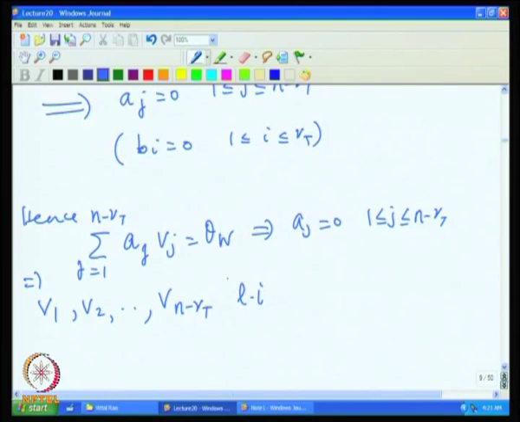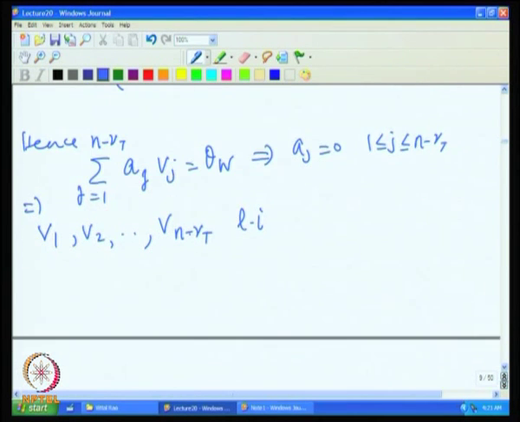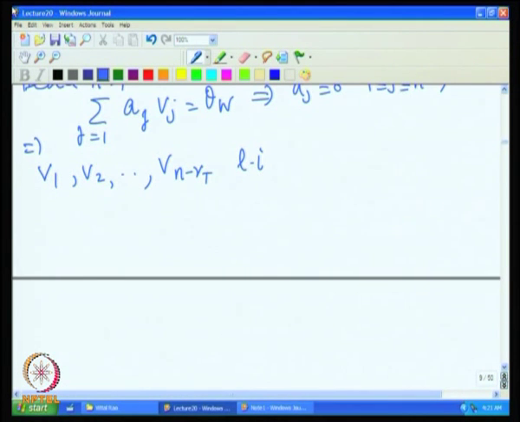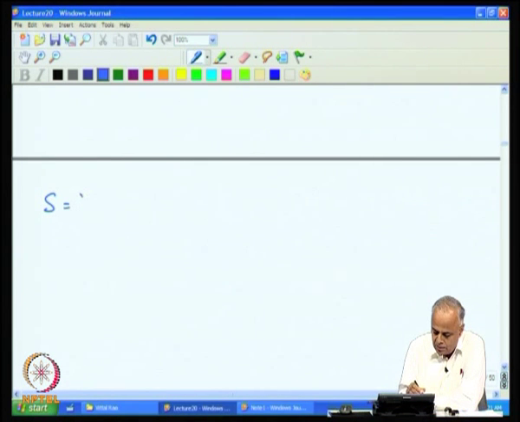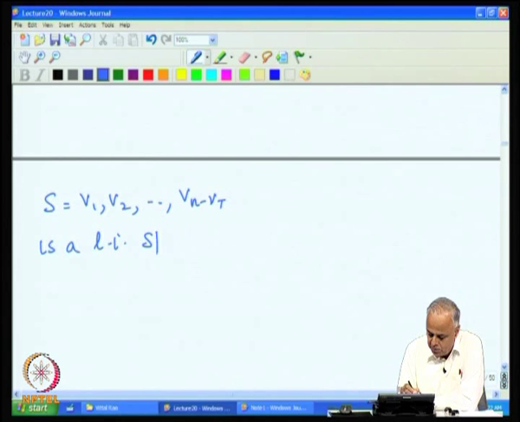We have already seen that they form a spanning set for the range of T, and now we have seen that they are also linearly independent. Therefore, S equal to V 1, V 2, up to V n minus nu t is a linearly independent spanning set.